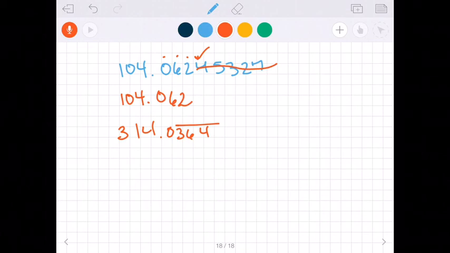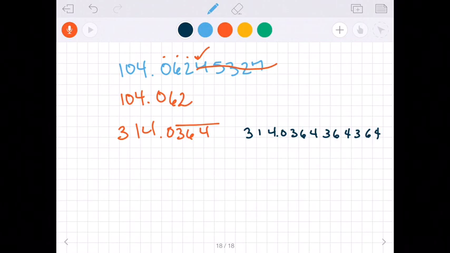Well, I only have 4 shown, but what that line means, of course, is that that's repeating. So I can write it as this, 314.0364364364364. That's the part that's repeating. So writing it out like that will help for what I need to do next.